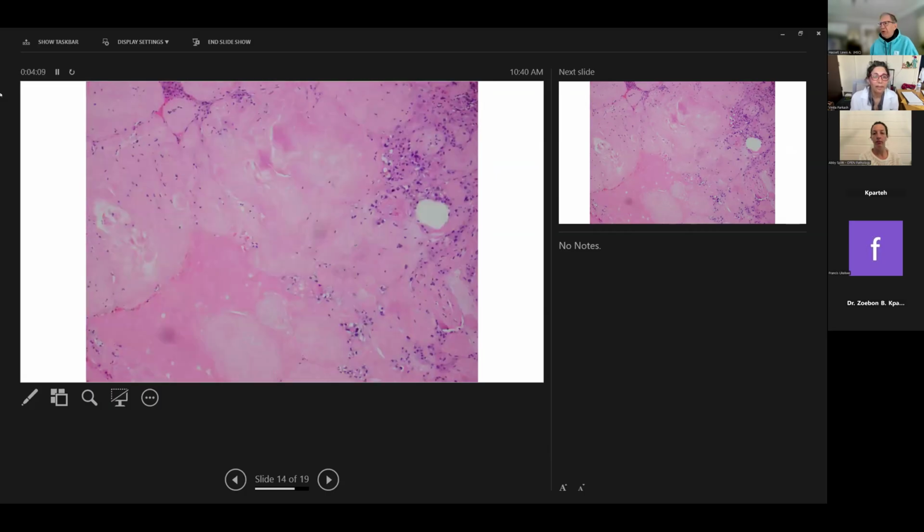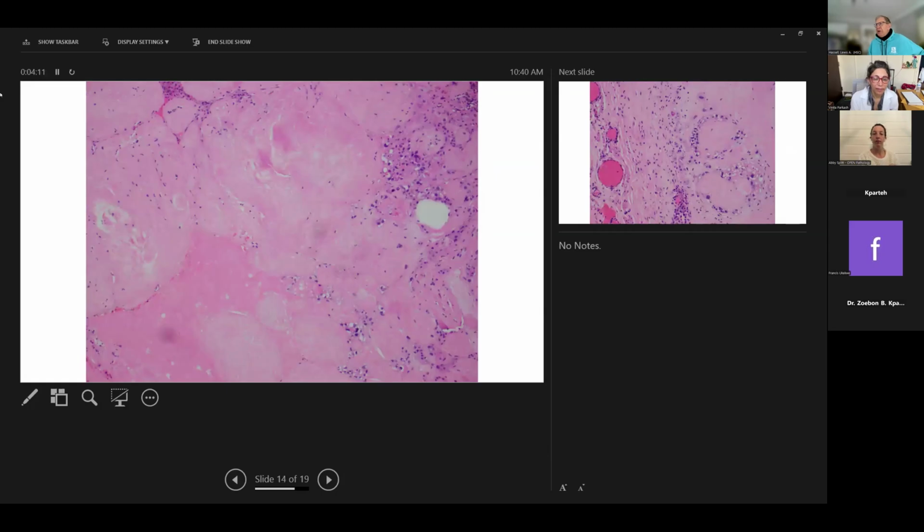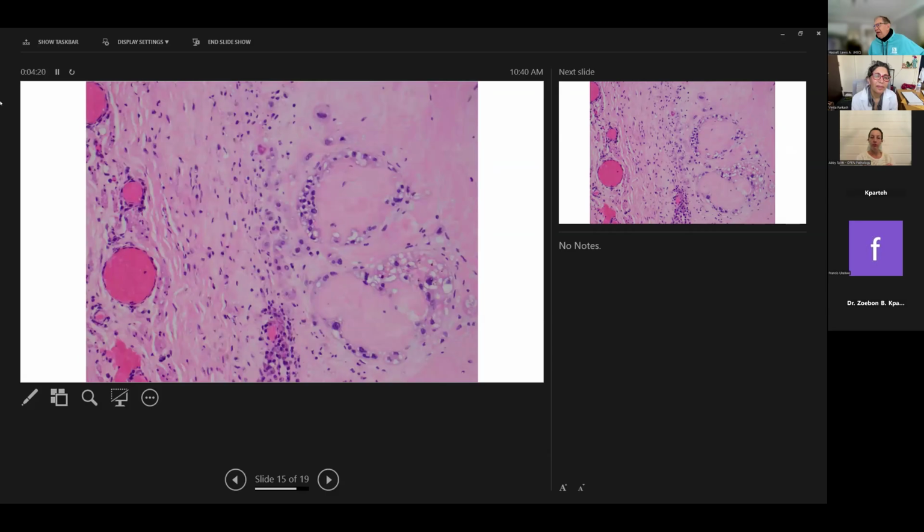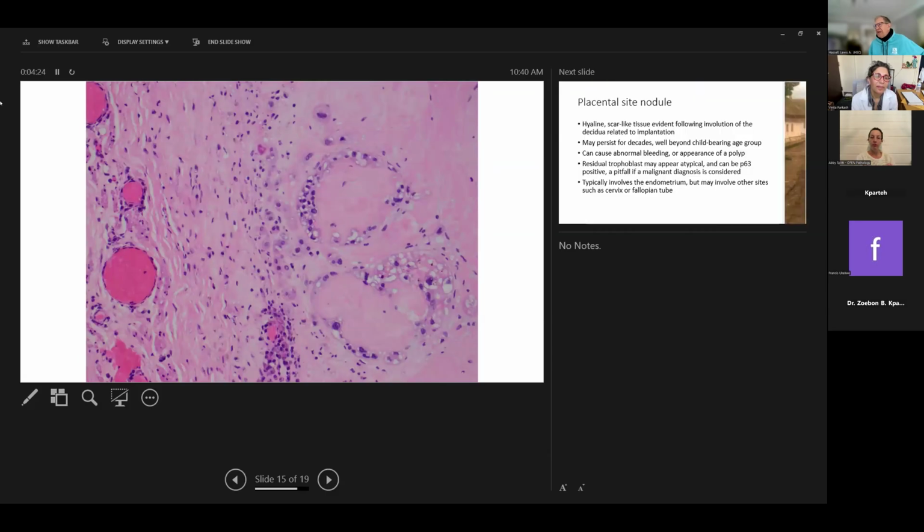I've had a long-term interest in this lesion just because it is the sort of lesion that tends to stick around for a long period of time. In fact, the same week that this came through, I had two postmenopausal women who had an endometrial biopsy which showed varying stages of this lesion in their endometrial curettage.